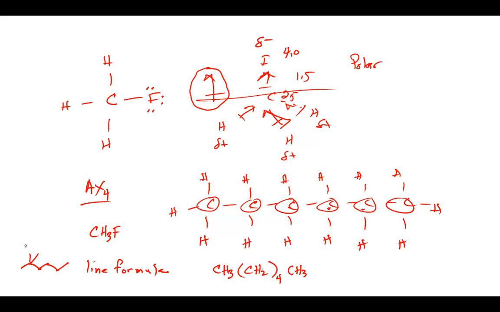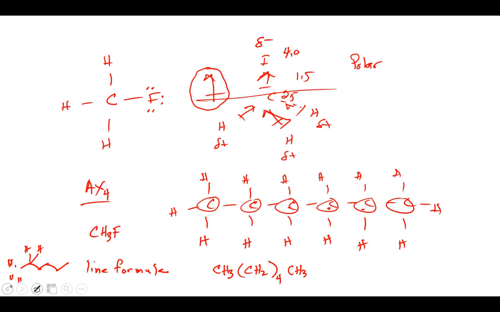So there would be a hydrogen here and a hydrogen here, and then on the end here, because you only have 1 bond, there would be 3 hydrogens attached to that end carbon. So a line formula is much more simple and takes up less space, and we're going to be using the line formula quite a bit in this course.